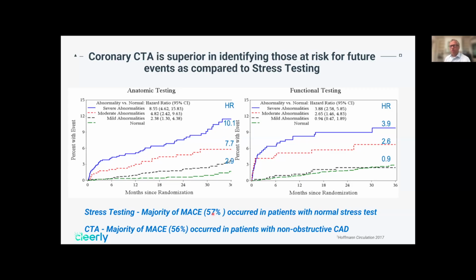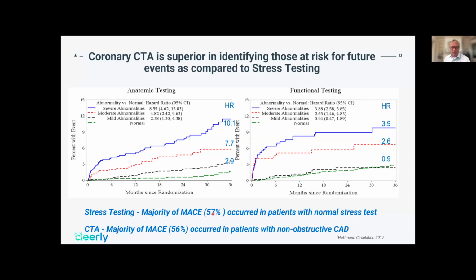We're looking for reasons why we have not been so successful. Now, when you look at symptomatic patients, the primary testing method of choice for many years has been functional or stress testing. This is a head-to-head comparison in the PROMISE trial, where patients were randomized into anatomic testing on the left side, that was coronary CTA, or functional testing that included primarily nuclear stress perfusion imaging on the right side.